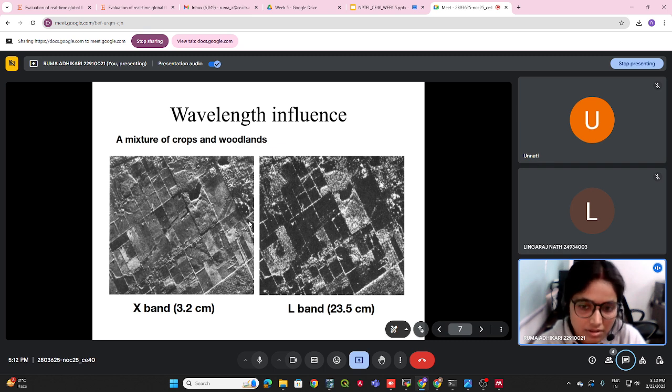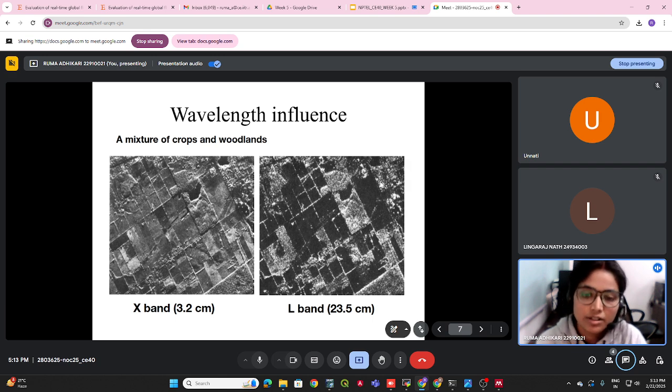It appears this way because it can penetrate to some extent into the land surface, the very upper surface of the land, to an extent of 2 to 3 centimeter. So it appears different. Both are the same image, but here the L band is reading the target differently.